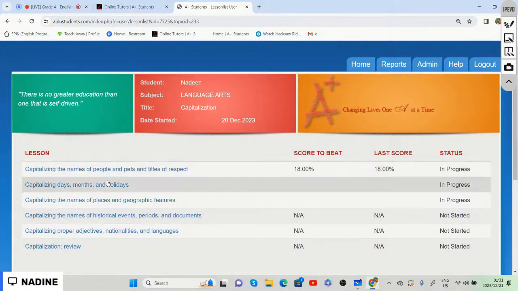All right, so now we're going to capitalize days, months, and holidays.